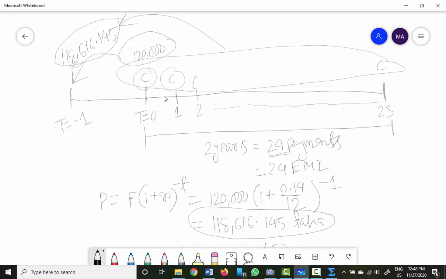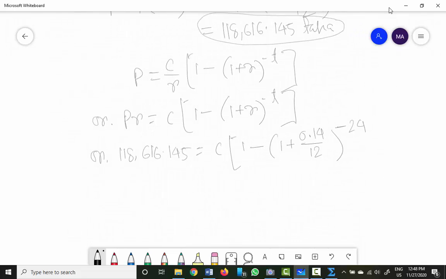So total 24 payments. So you can do it this way also. Oops, sorry, here we should have multiplied, let me erase it. So here we should have written 118,616.145, not point.